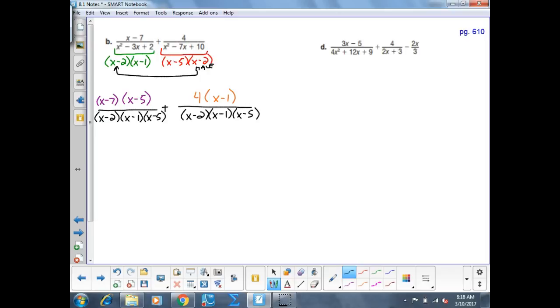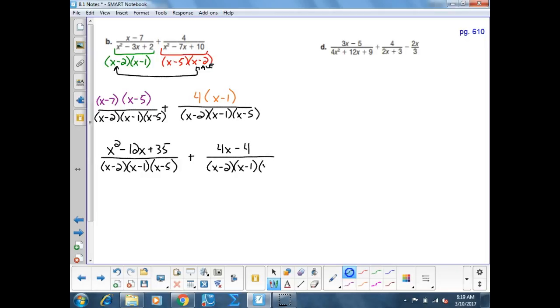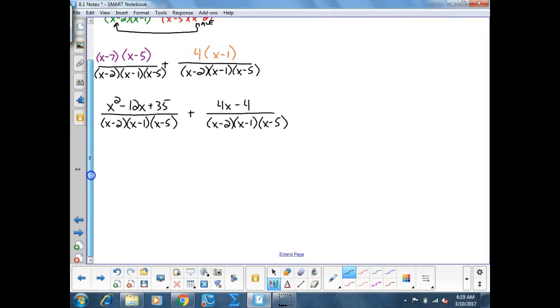So numerator because it is an addition sign.